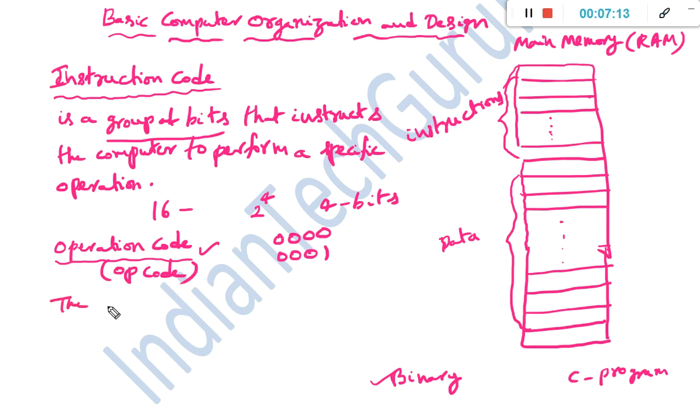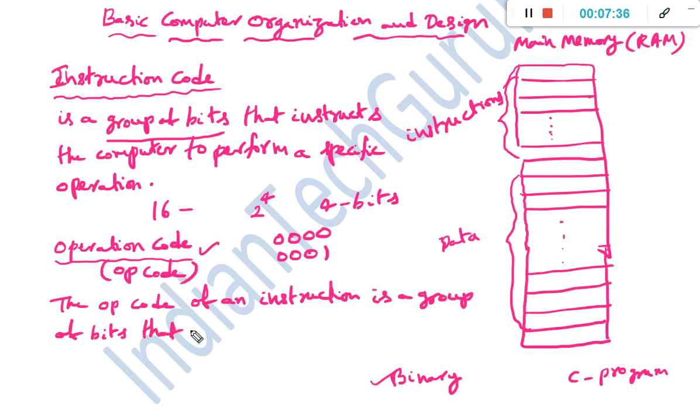The operation code, the opcode of an instruction is a group of bits that define a specific operation.